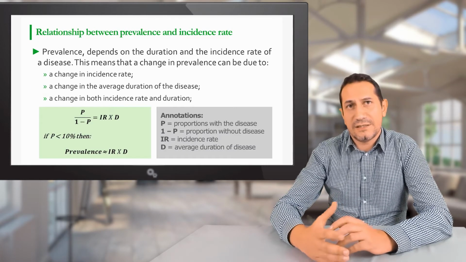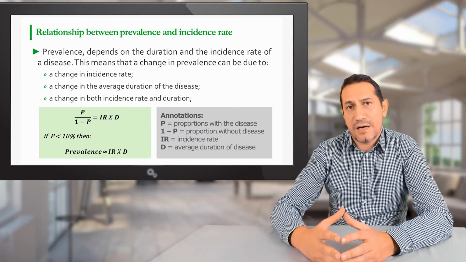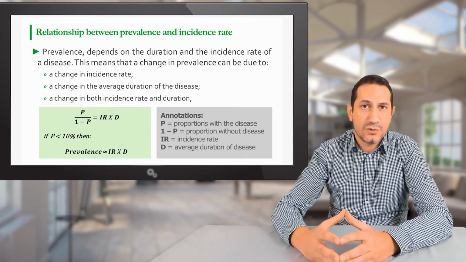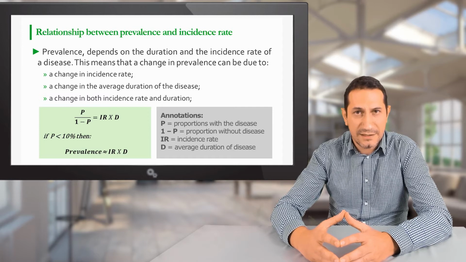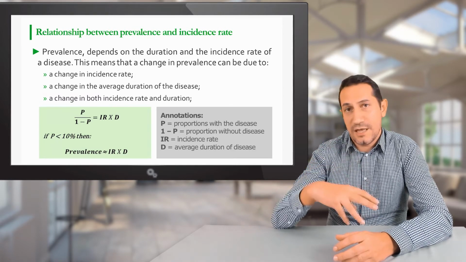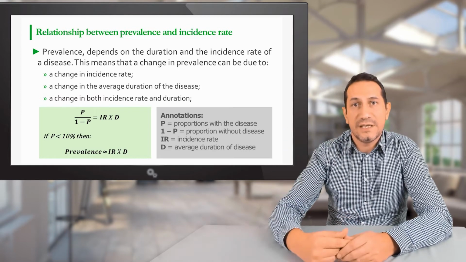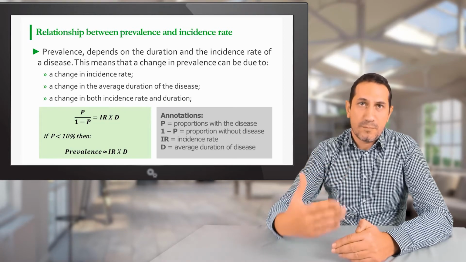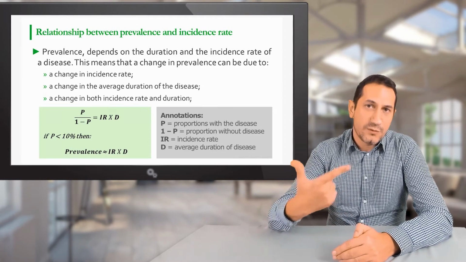But as we said, the relationship, apart from the duration, is also with the incidence rate, because prevalence depends on incidence rate: the more new cases pour into the population, the higher the prevalence. So the prevalence basically depends on two factors.